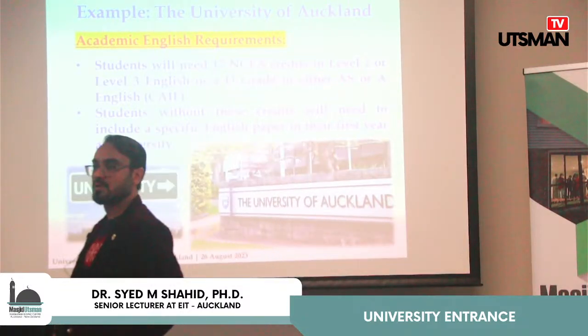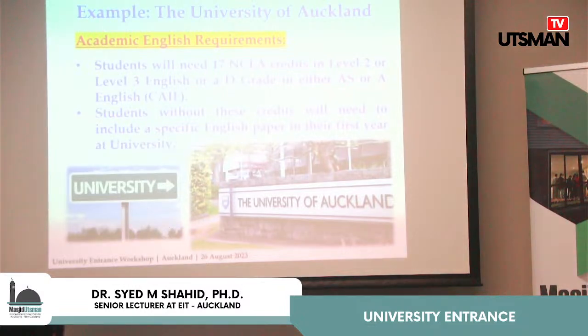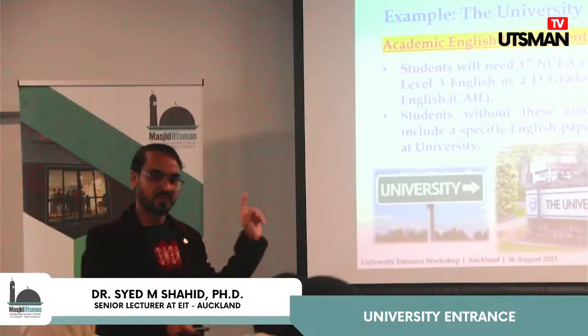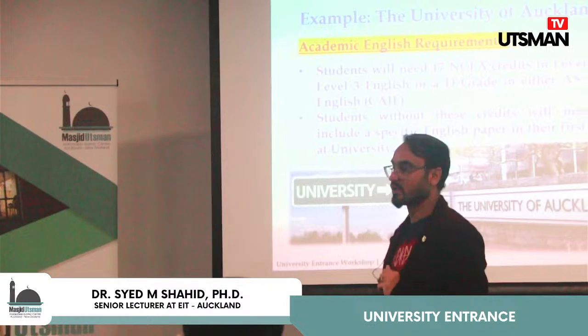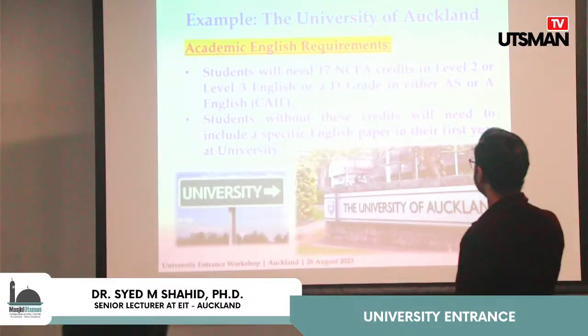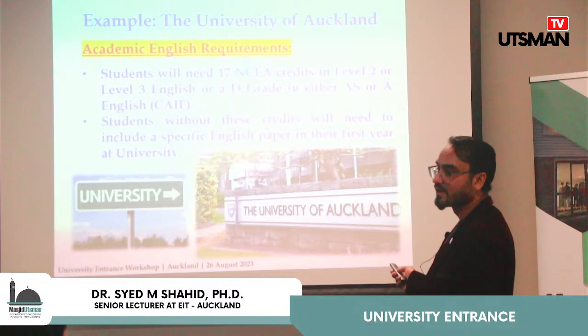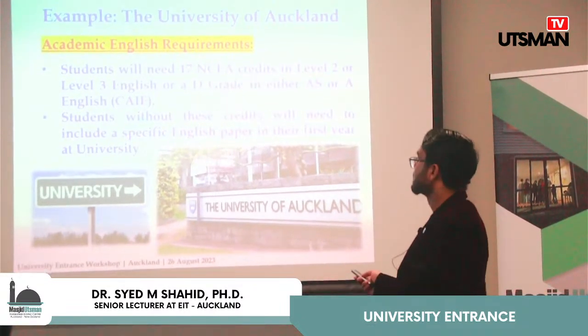So if your son or daughter is planning to get into University of Auckland, they have minimum English criteria. Whatever program you are getting into, engineering, business, commerce, whatever. This is the minimum criteria for any bachelor degree program. 17 credits, level 2, 3 or at least D grade if it's coming from CIE.